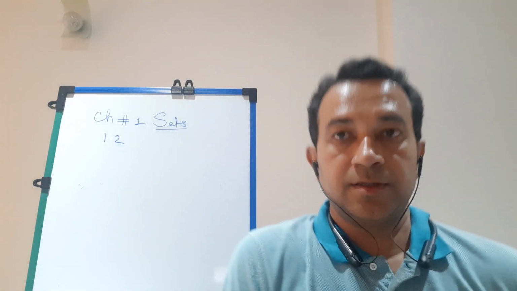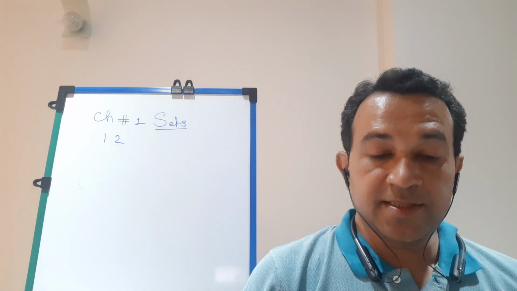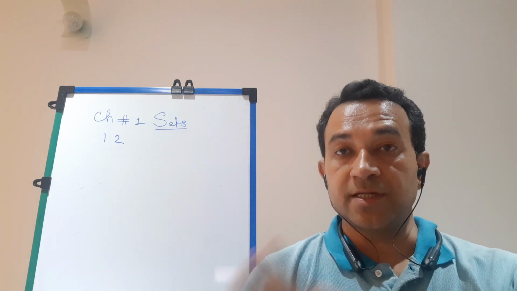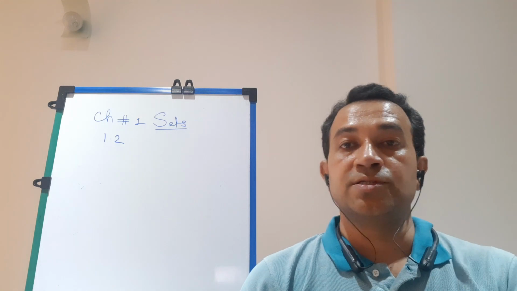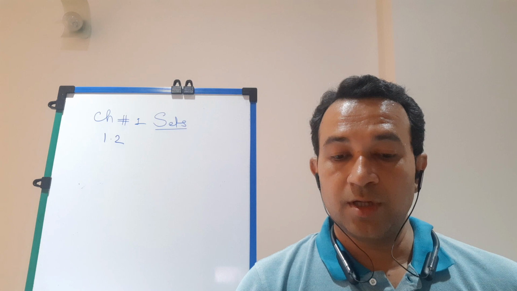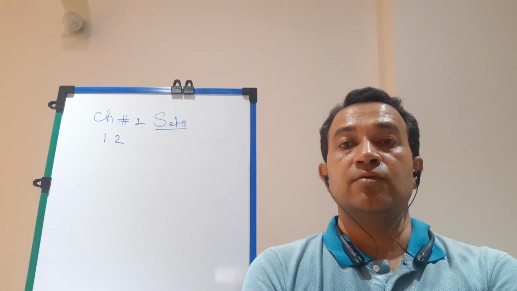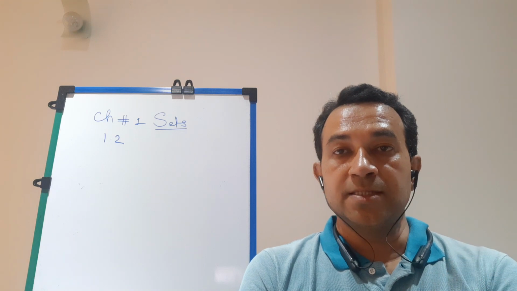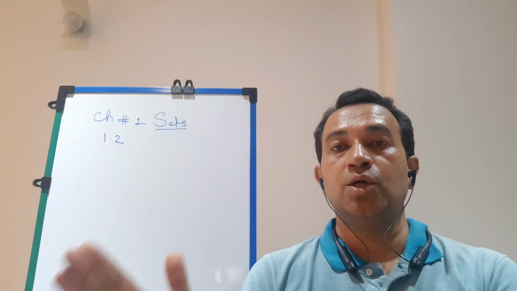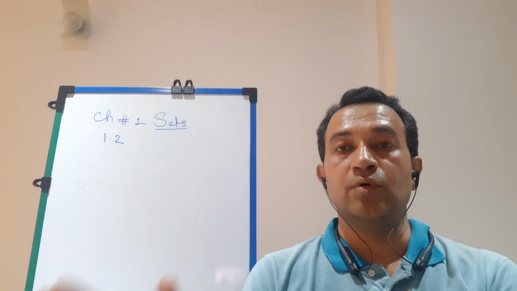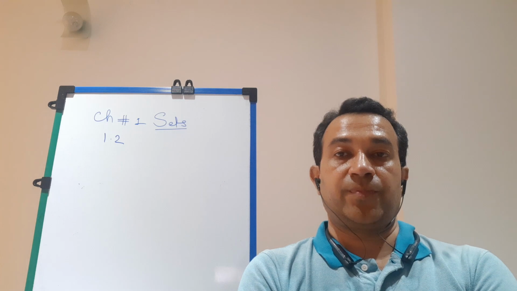Now students, concentrate. x such that x is an integer. Just now we have discussed that the set of integers is Z. Integers can be negative, positive, including 0. So students, what are the integers from minus 3 to 7 if you have studied the number line? Minus 3, minus 2, minus 1, 0, 1, 2, 3, 4, 5, 6, because it is less than 7.